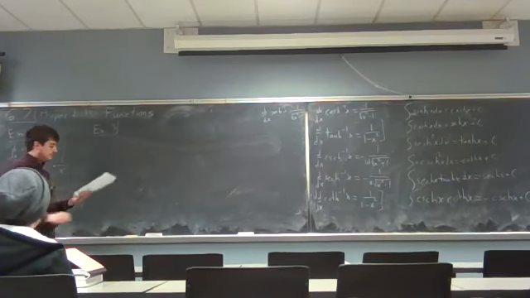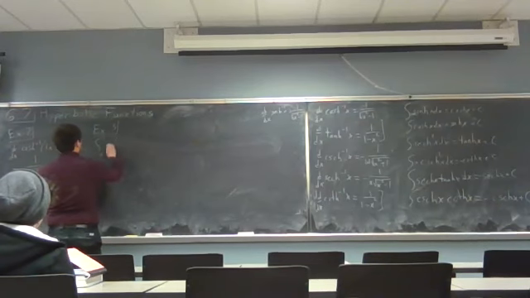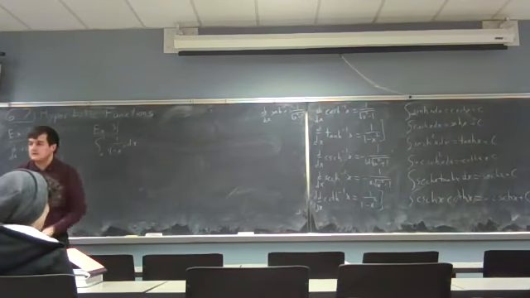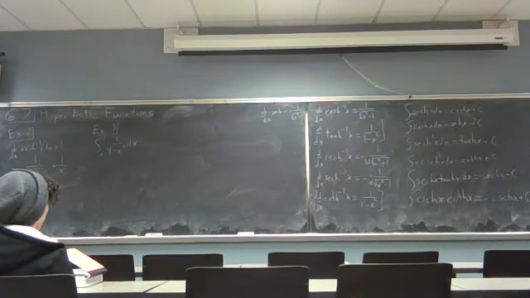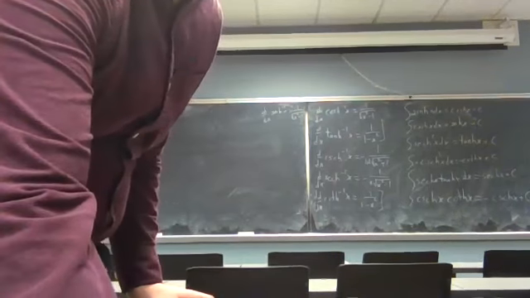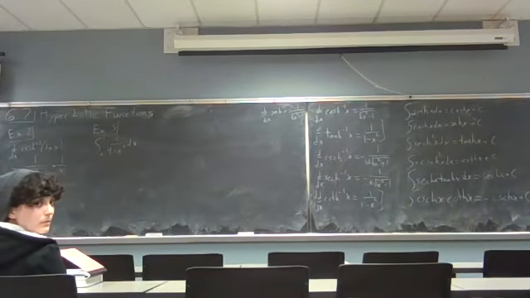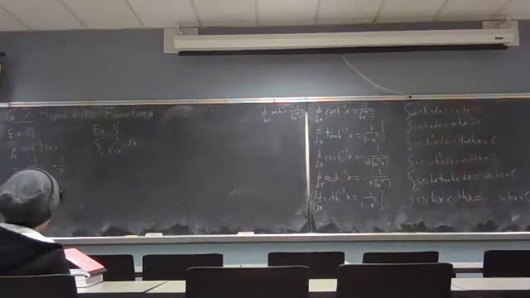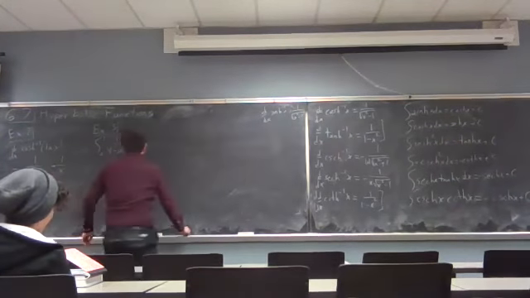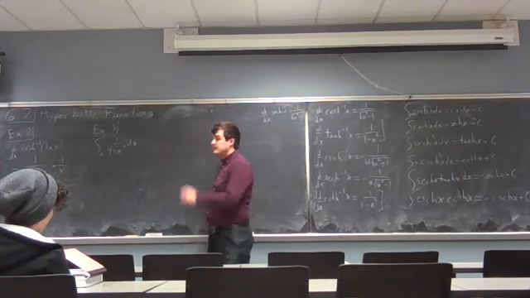We're going to have the integral from 0 to 1 of 1 over 4 minus x squared dx.